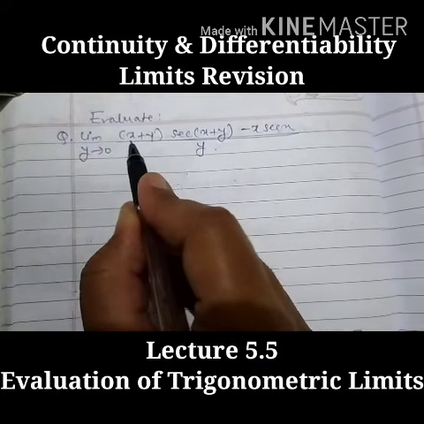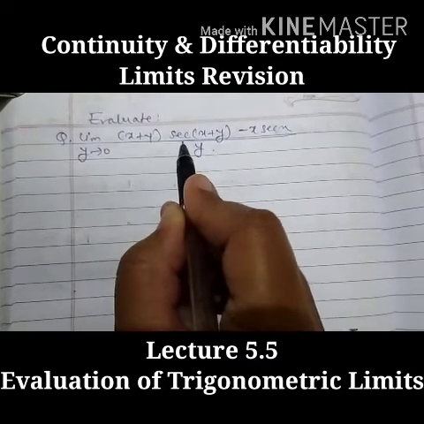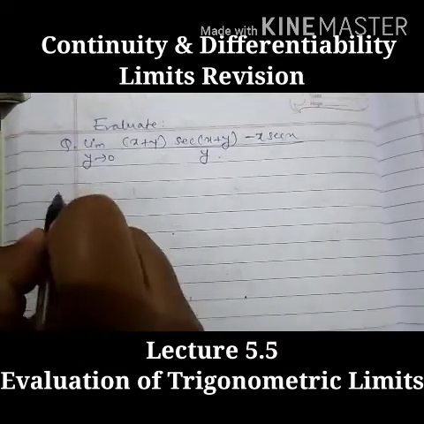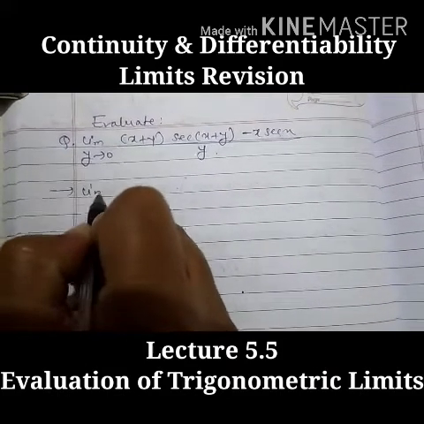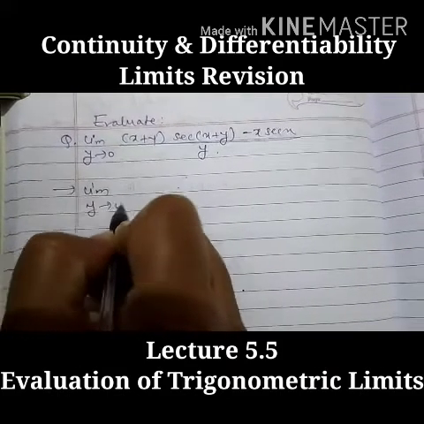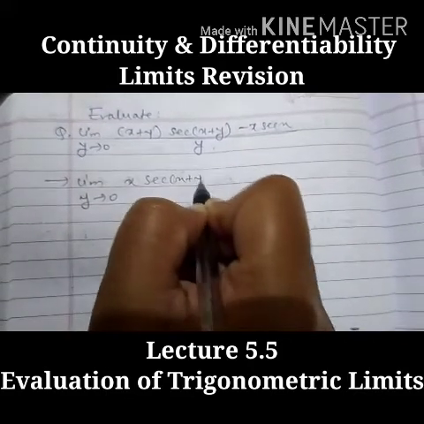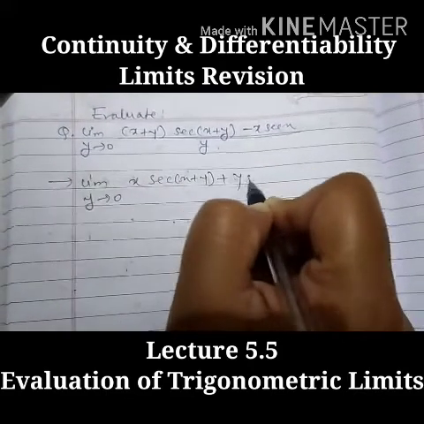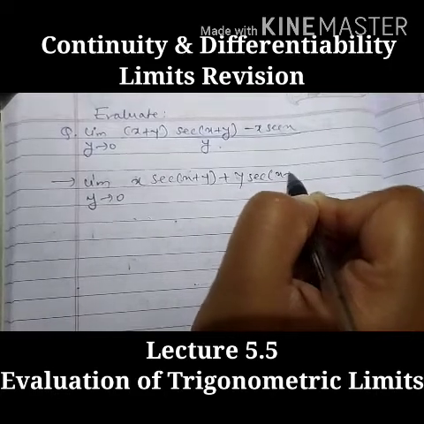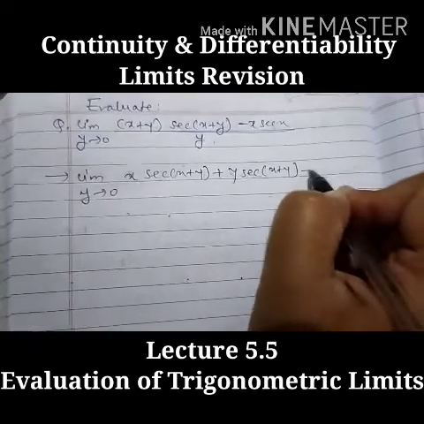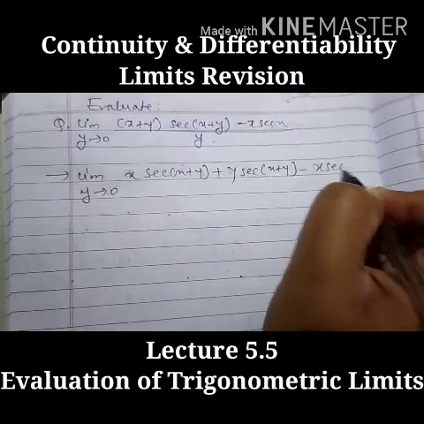Now student, we will multiply this x plus y to sec of x plus y. So we are getting limit as y tends to 0, x times sec of x plus y plus y times sec of x plus y minus x times sec x.